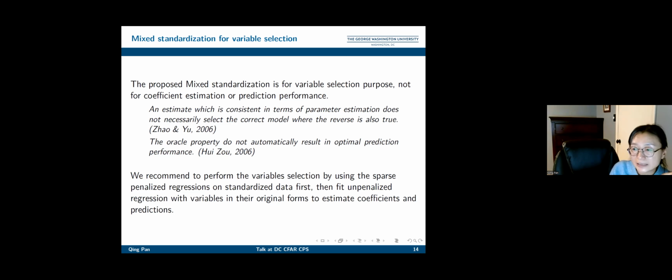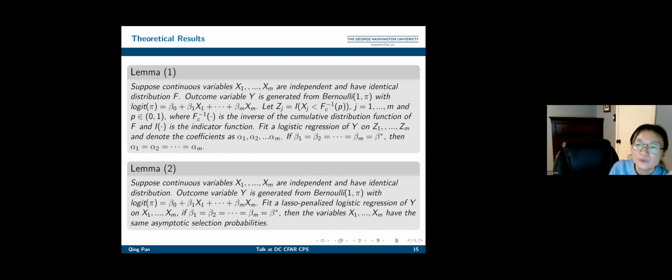So that's the justification. It's for one purpose, for fair selection. And we have some theoretical derivations basically saying if the underlying latent covariate has the same beta, and you do this transformation, after dichotomizing, the binary covariate would still have the same beta.